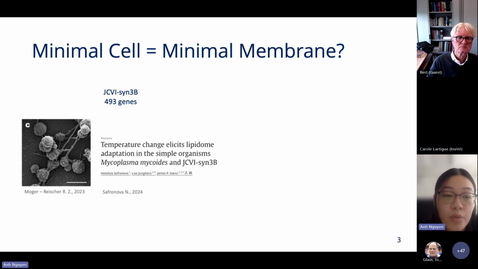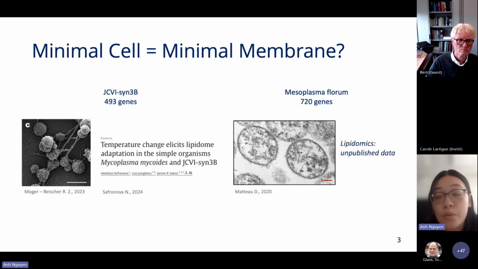Earlier this year, we had a manuscript on how the lipidome of JCVI-syn3B changes when you apply different temperatures. I would also look into the lipidome of Mesoplasma florum, which is a closely related species. This one has 720 genes, which is more than JCVI-syn3, but we have reason to believe that they are also very simple, and we want to compare them to see if they are using the same strategy to manage the lipidome.